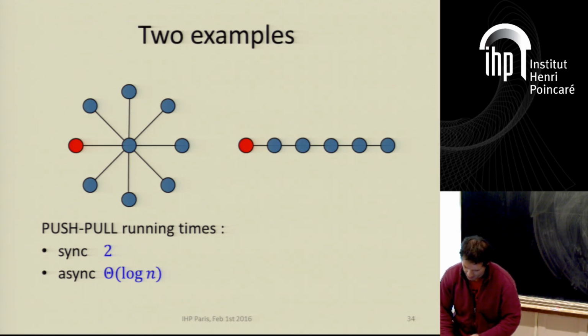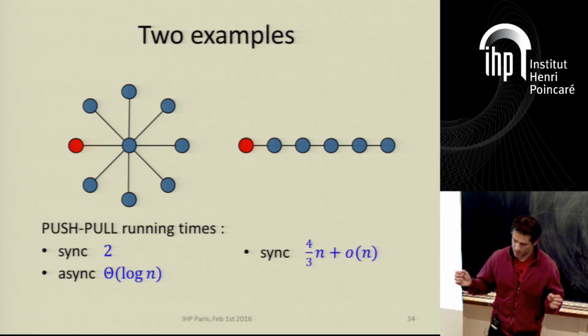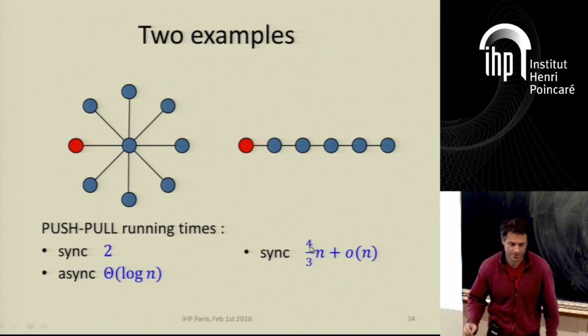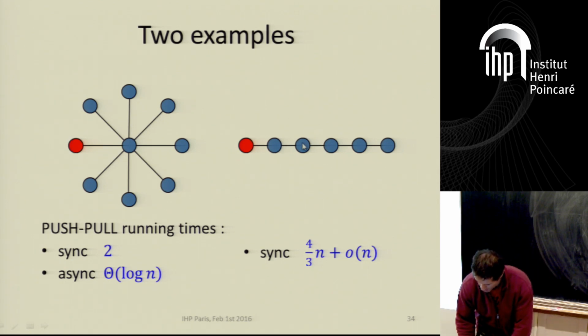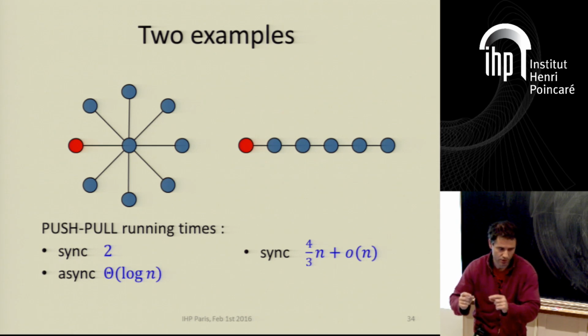Let's see what happens with the path. For the synchronous protocol, the running time is 4/3 times n. Why? Because if we look at two consecutive nodes, the probability that in a round none of them chooses the other is 1/2 times 1/2, which is 1/4.